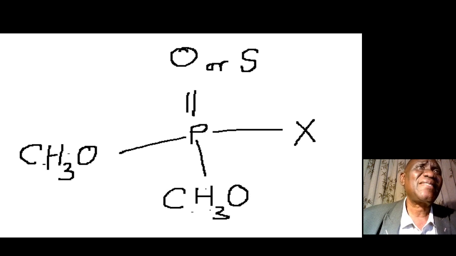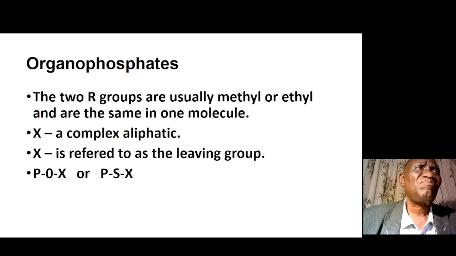We can have this example. It represents the molecule of the organophosphate. So on the organophosphates, the two other groups are usually methyl and ethyl, like what I said, and are the same in one molecule. What we mean is this.